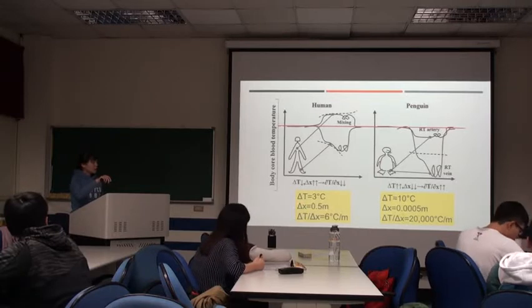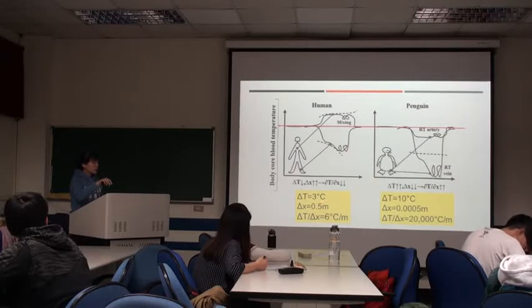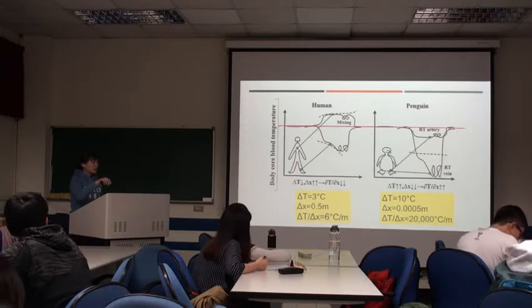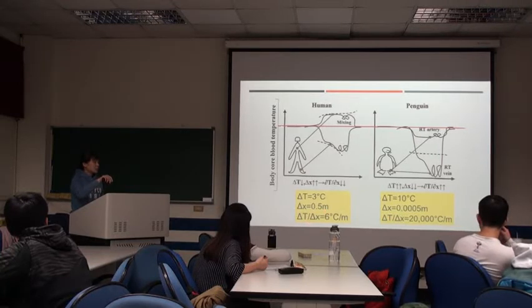The temperature difference between the heart and human leg tissue is 3 degrees Celsius, and their distance is 0.5 meter. The ratio of delta T to delta X is 6 degrees Celsius per meter.